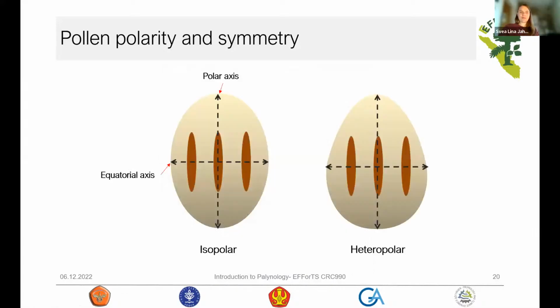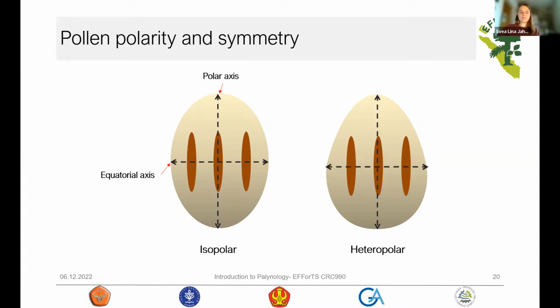So here a bit about the polarity and the symmetry. Again, you can see here the poles. Alongside through the poles is our polar axis. And then we have the equator in which we mostly find our apertures. These are the brown shapes here, which are supposed to be the openings of the pollen grain. I will come to apertures later, because it's also an important thing to know about pollen.